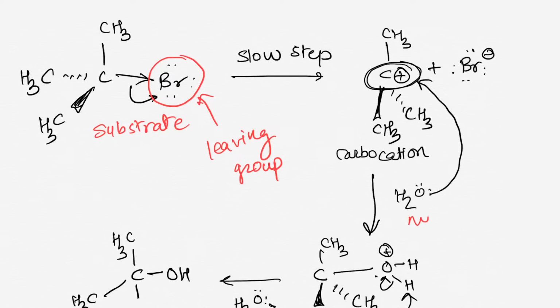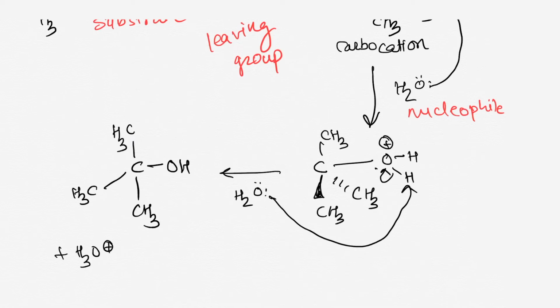So, this is going to be my nucleophile and this is going to be my final product. So, as you can see, we end up creating a substitution on that carbon where we have substituted the bromine with OH group or alcohol functionality.